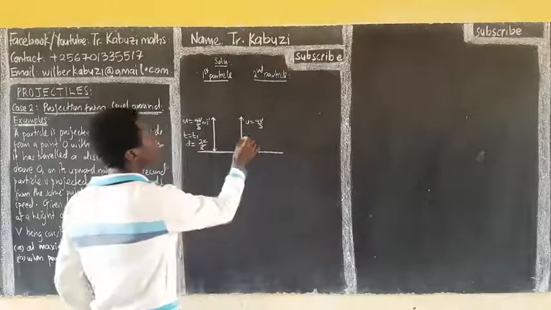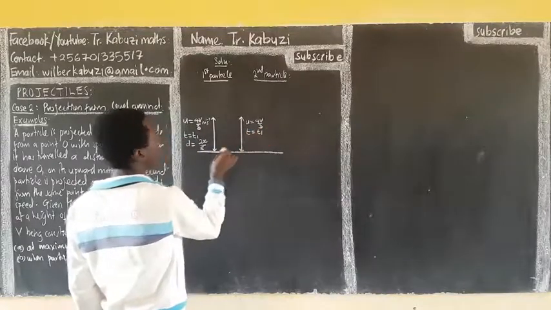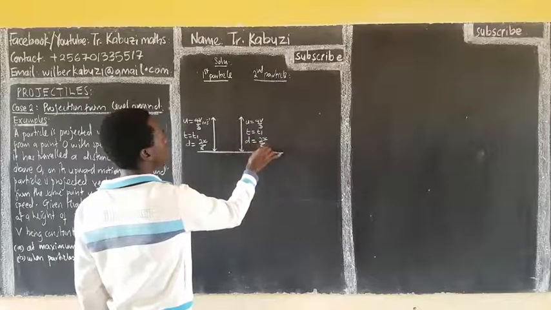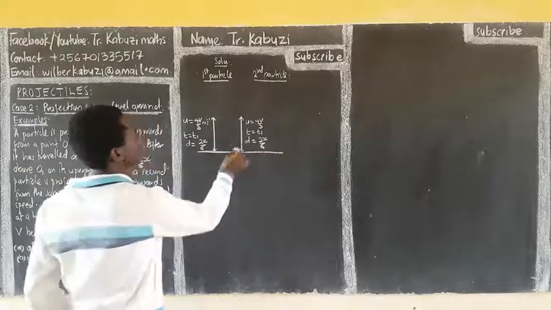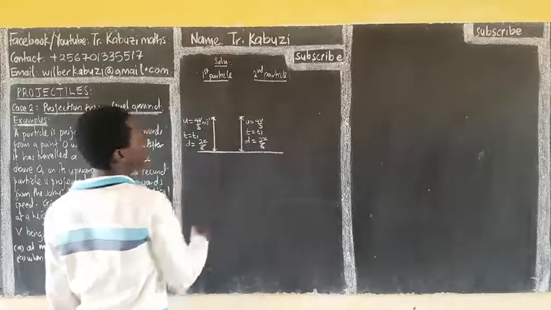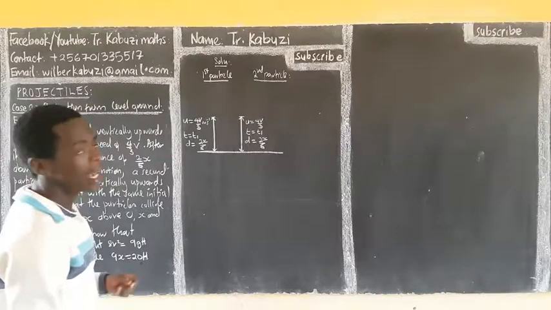Meaning that this one is also going to use t1 to cover the distance d equaling 2x over 5. Now, if they are colliding at this distance here, this distance is going to be 2x over 5.